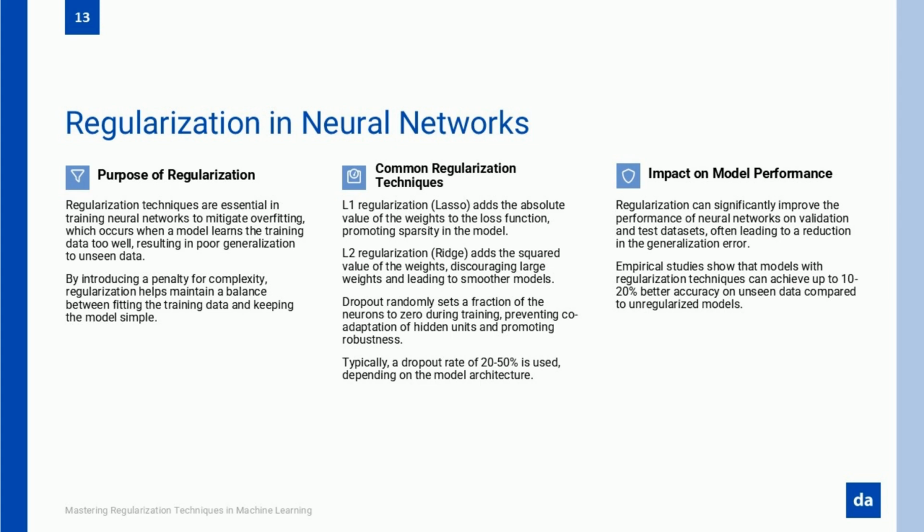A deep learning model with millions of neurons and connections can easily learn every little detail in the training data, even the ones that don't matter. And the result? It performs amazingly well on training data. It fails miserably on new data. This is why regularization is even more important in deep learning than in simpler models like logistic or linear regression.